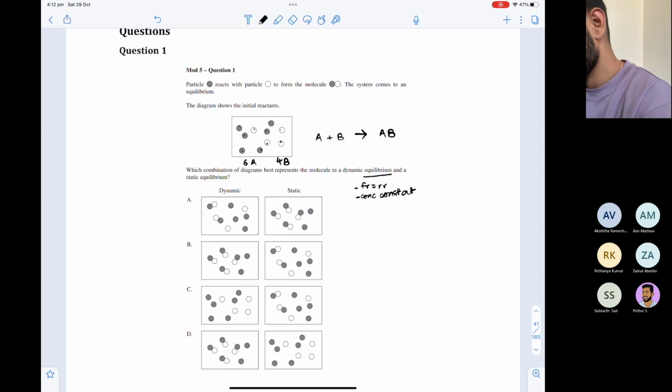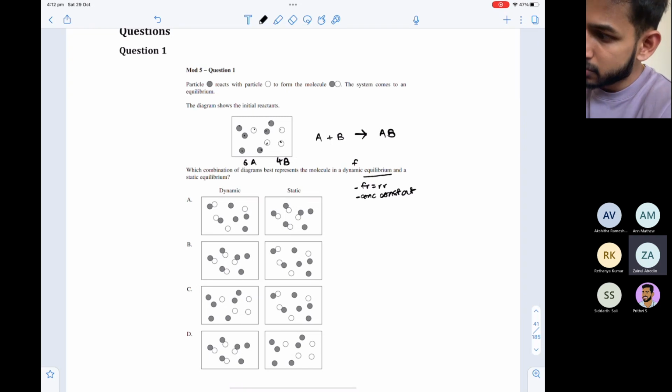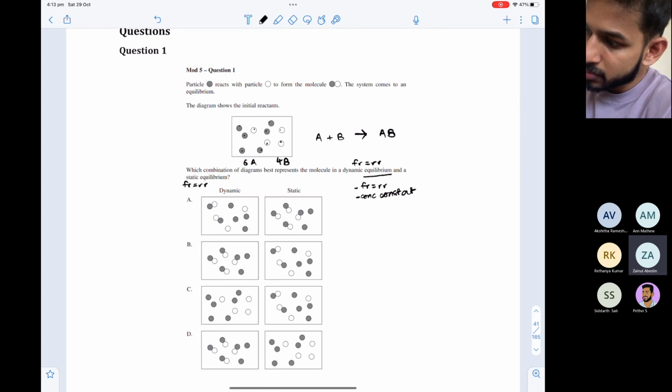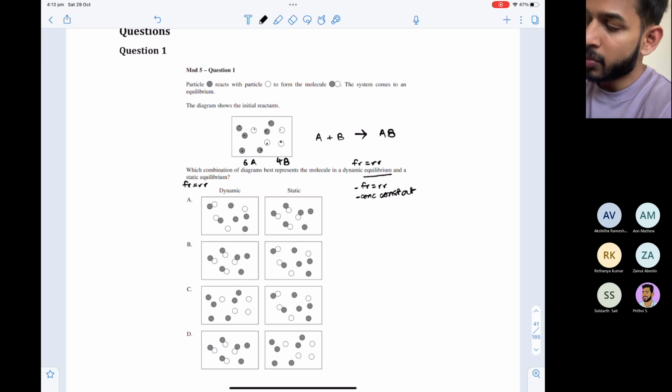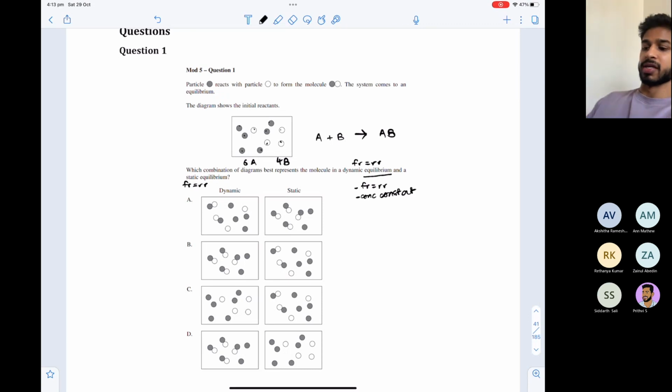Very good. Okay, so what's the difference then between a dynamic and static equilibrium, Zainal? Isn't dynamic where it's constantly reacting between products and reactants, and static just reacts and then can't react without an input of energy? Good. So what can you tell me about the forward and reverse reaction rate in a dynamic equilibrium? 0?